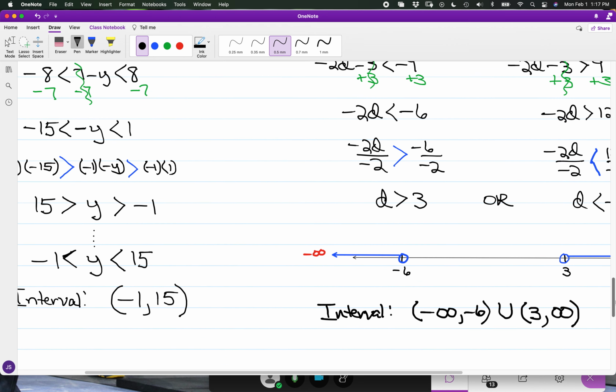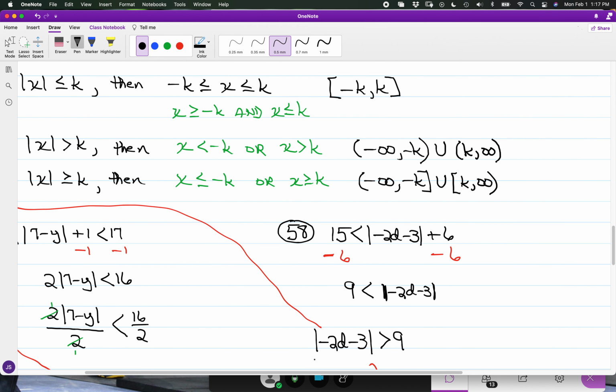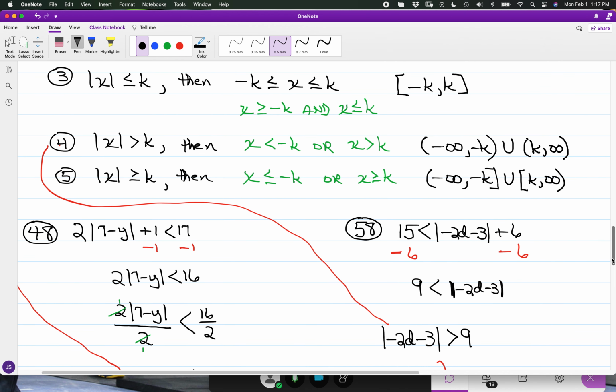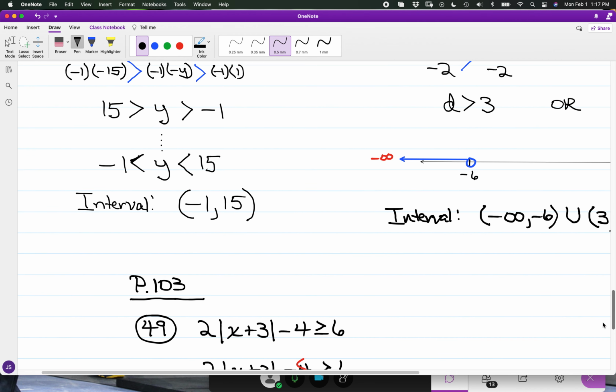So this is taking a case, again, where we have the absolute value of x is greater than or equal to k. Once you take out the absolute value bars, you're going to have separate inequality statements comparing the positive and negative values of k.